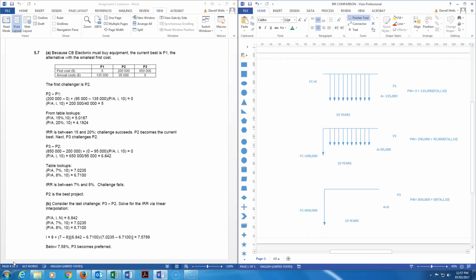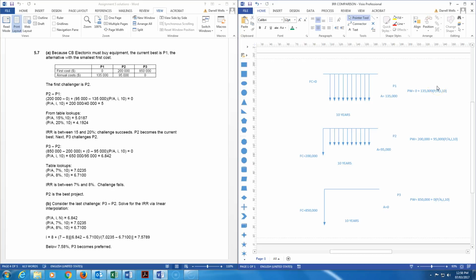All 3 options are 10 years in length, so we can go ahead and look at the present worth analysis for these 3 options. On the right hand side of the screen, as I always do, I drew 3 cash flow diagrams for this problem. We have the first option where we pay 0 down and $135,000 per year for 10 years, and you see the associated present worth formula: present worth equals 0 plus 135,000 (P given A, i, 10), and obviously the interest rate is what we need to determine here.